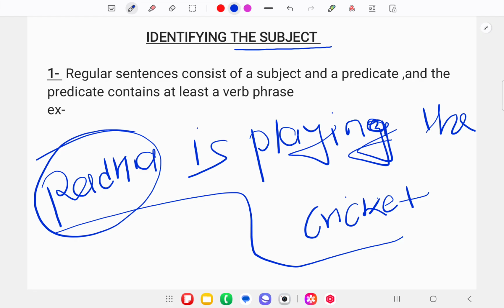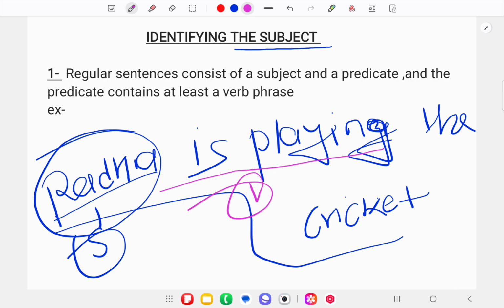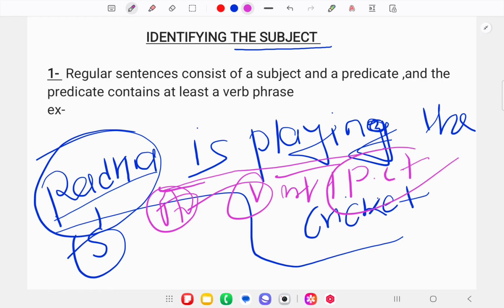So according to the definition, Radha is the subject of this sentence, and this is your verb: this is your auxiliary verb, this is your main verb, plus the present continuous tense we can say, and this is known to be the object position.